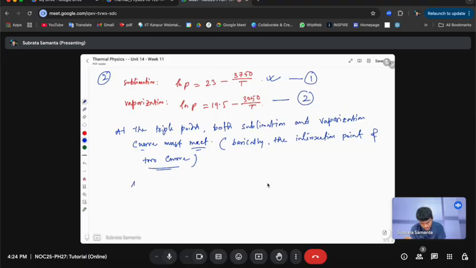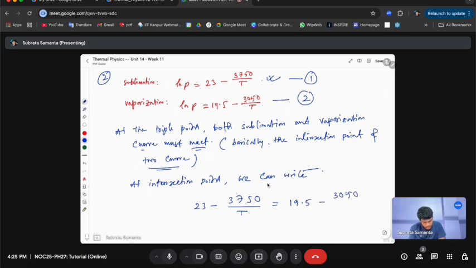So at the intersection point we can write, basically we equate the two equations. I substitute ln P, so 23 minus 3750 over T equals 19.5 minus 3050 over T, right?